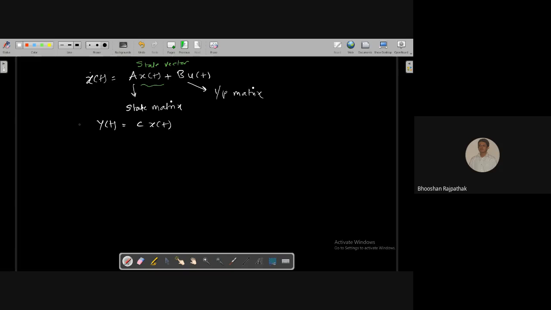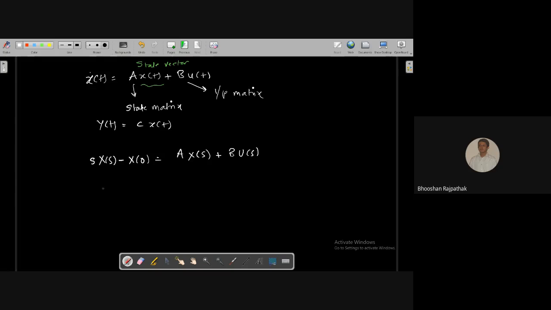Now, if we convert these state equations by Laplace transform, then we get s times X of s minus x0, assuming some initial conditions, because this is a derivative, equals A X of s plus B U of s. I am using capital letters once we convert into Laplace; that is the standard form.